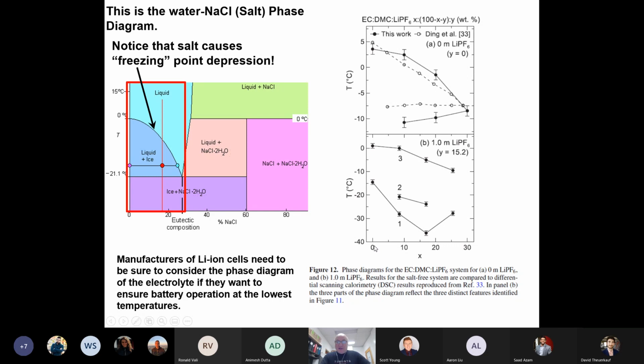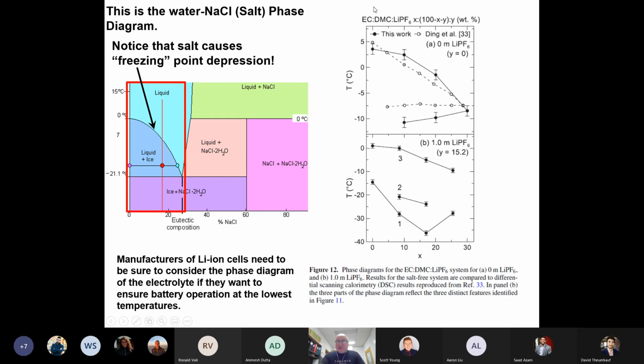But there's something being plotted, X, and X is the EC fraction. So what we're doing as we move to the right is we're adding EC to the mixture. But there's no salt here. Y is equal to 0, so it's just EC DMC.